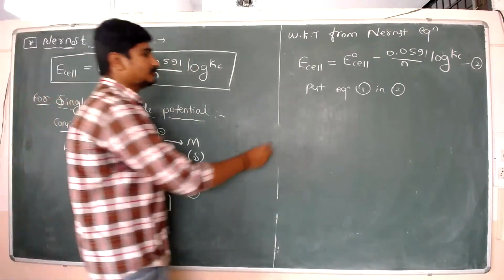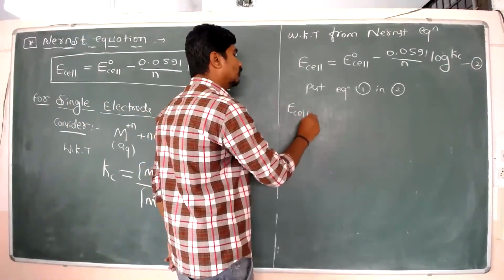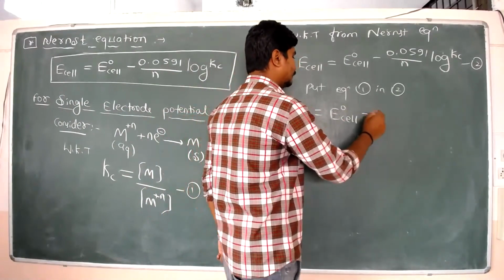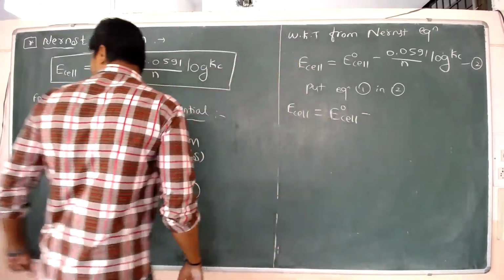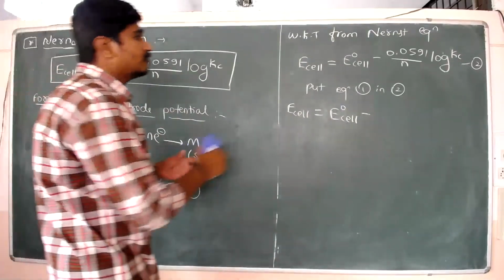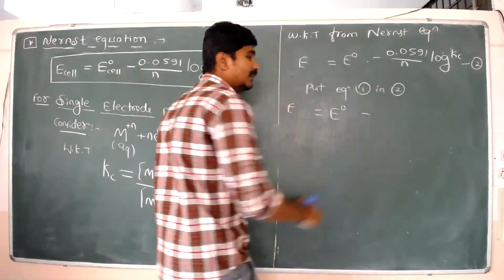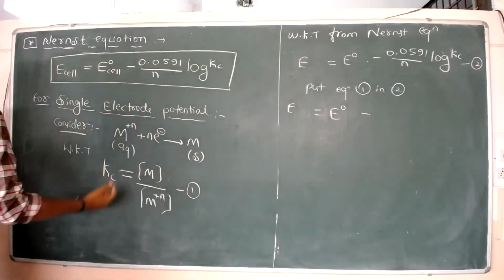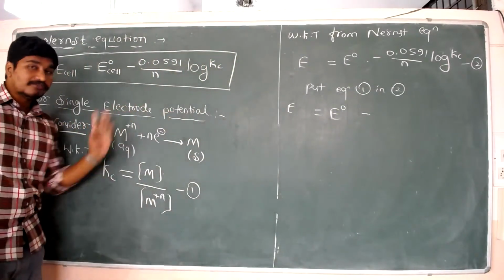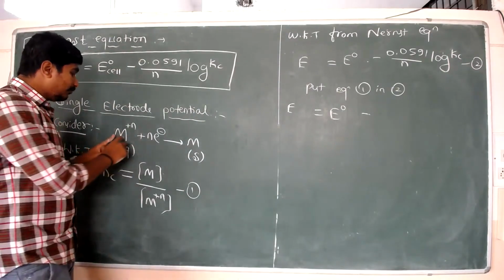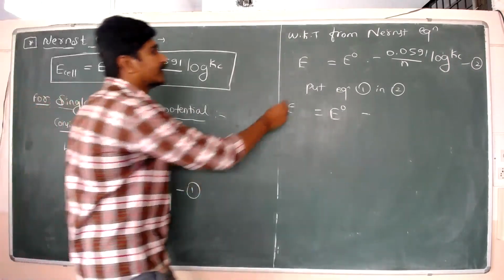We will get E cell is equal to E naught of cell minus, just here it is not for the cell, it is for the single electrode. Correct? It is for the single electrode, not the cell. It is the electrode potential for the half cell. Half cell means I can write the reduction value, M to the power plus n is converted into M here. Right?